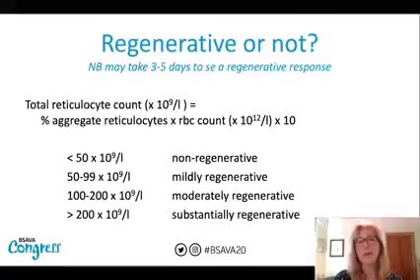So if our patient loses blood acutely, it will take 3 to 5 days typically for a regenerative response to be visible on their blood smear. So we may need to do some sequential monitoring to determine that there is an adequate regenerative response if we're concerned that perhaps we're looking a bit sooner than is appropriate in our patients. But obviously the greater the regenerative response, the more reassuring it is that the bone marrow is responding appropriately.